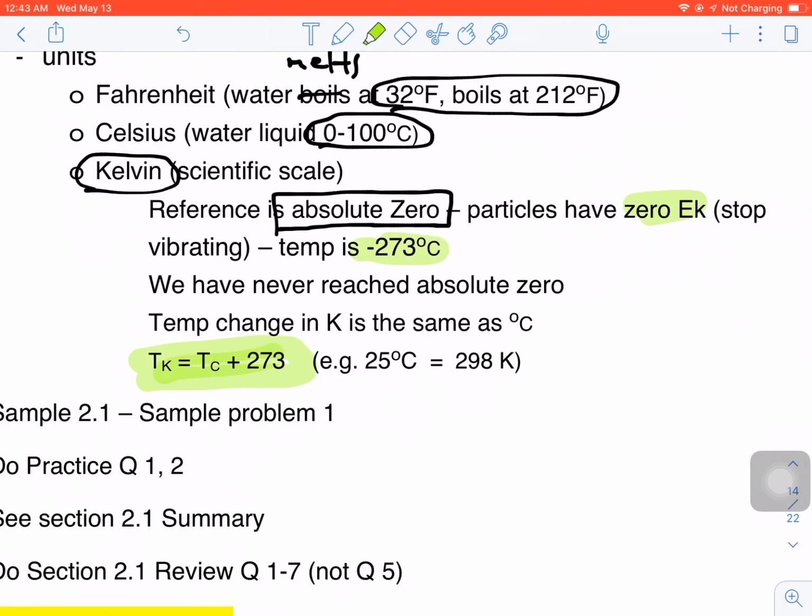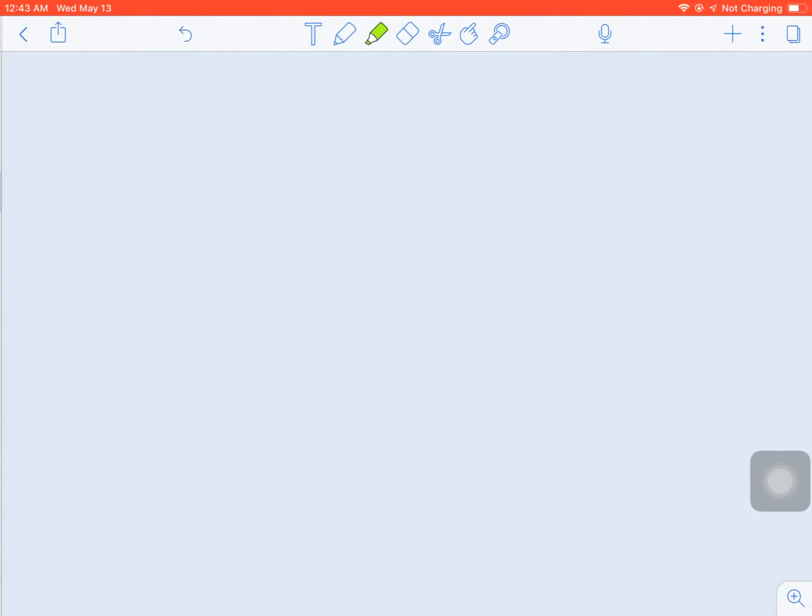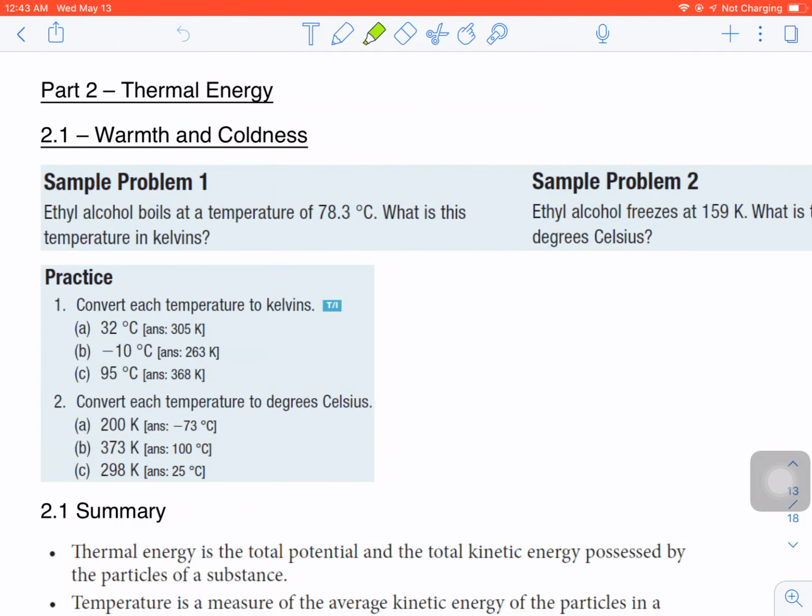Right, so if I look in the samples, the package that we've got in the hub, there's 2 sample problems here. The first sample problem says I've got a chemical called ethyl alcohol, and it boils at 78.3 degrees Celsius. That's when it boils. What is the temperature in kelvins?